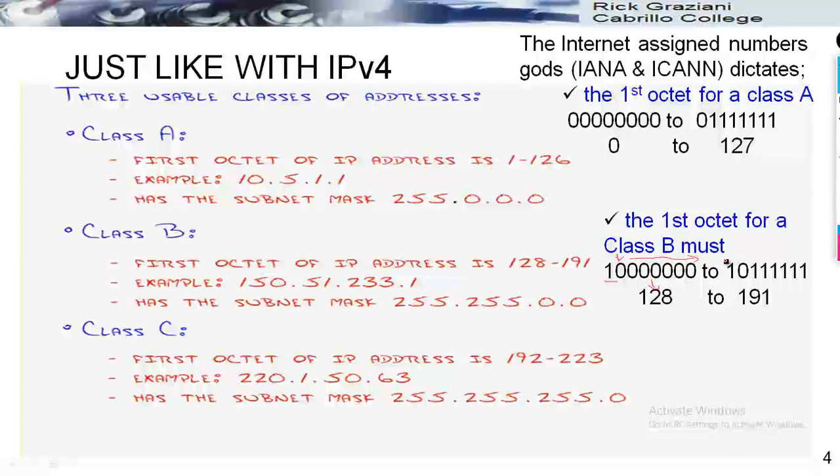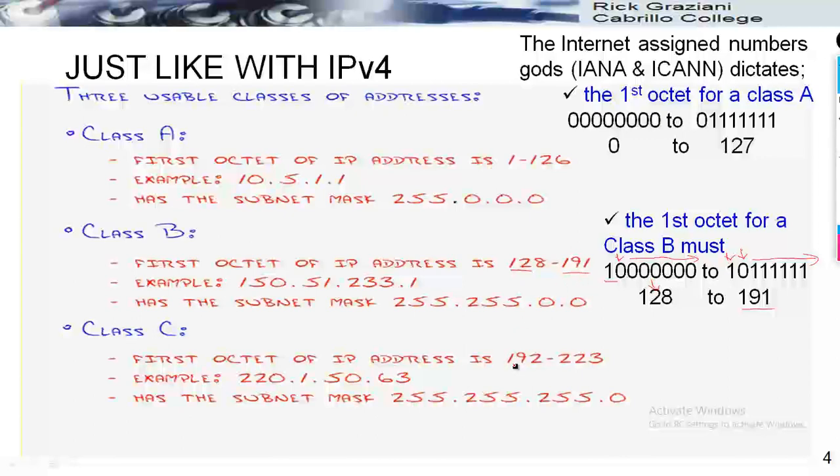By turning off, we are trying to find the lowest number that you can get. To get the highest number, this first bit has to always be set, this has to always be off. So if you turn on everything else, the highest number that you can get is 191. So that's how a class B is 128 to 191.